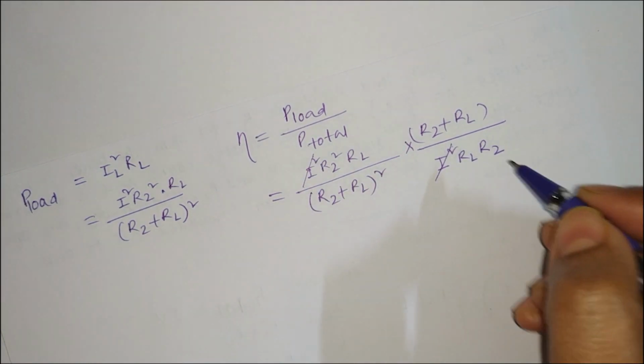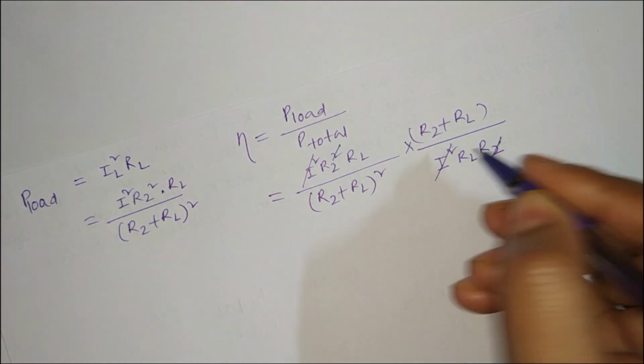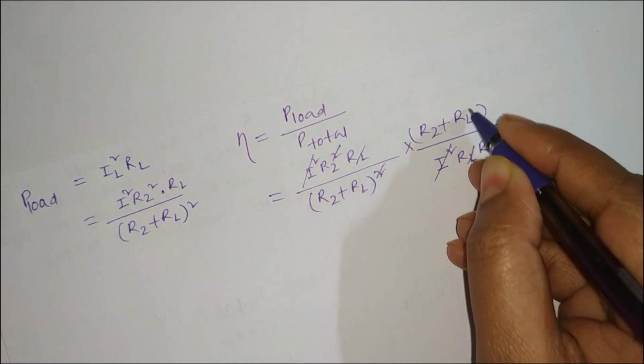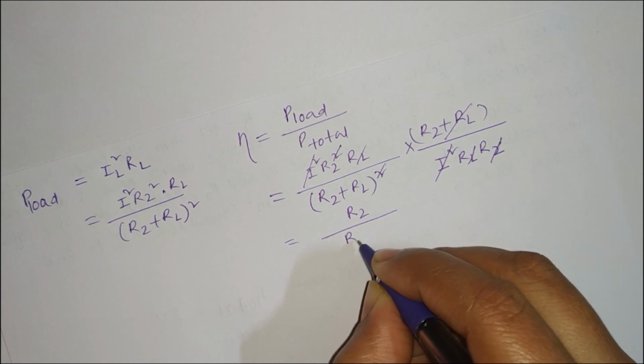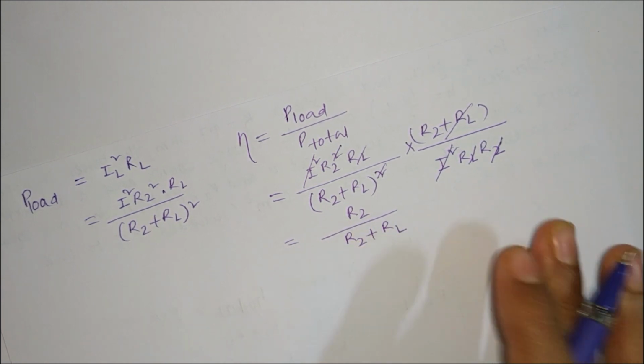I square will cancel out, R2 cancels, RL cancels, and we are left with R2 divided by R2 plus RL.